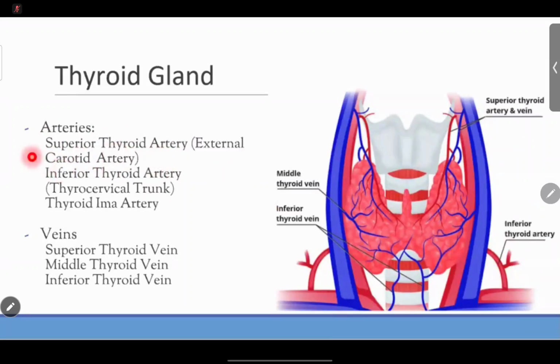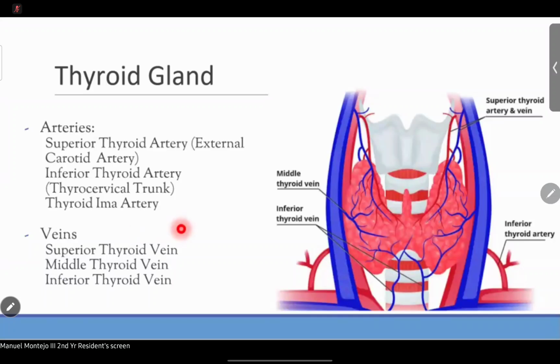Actually, this is the first branch of your external carotid artery from the bifurcation of the common carotid. Then your inferior thyroid artery comes from your thyrocervical trunk. These are the major or main blood supply. Sometimes you also have your thyroid ima artery supplying your isthmus.